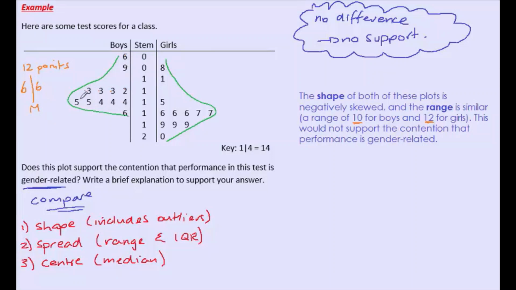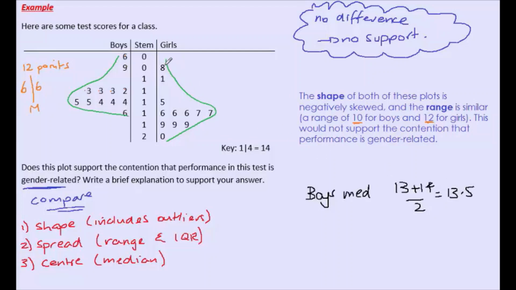So therefore, my median is between 13 and 14. So I'll make some calculations here. My boys' median is 13 plus 14 over 2, which equals 13.5.